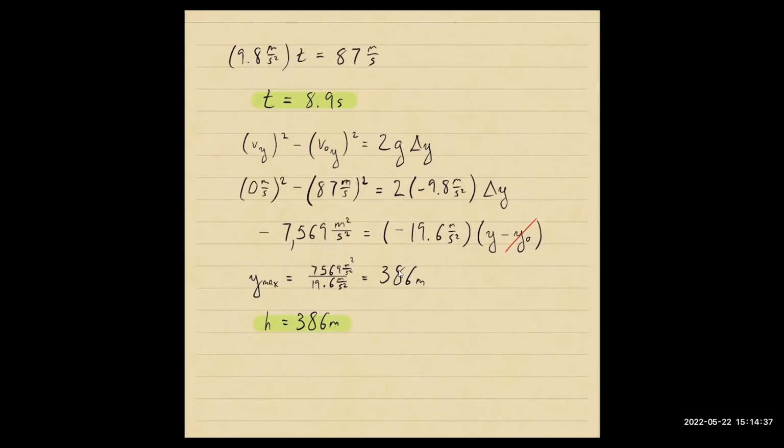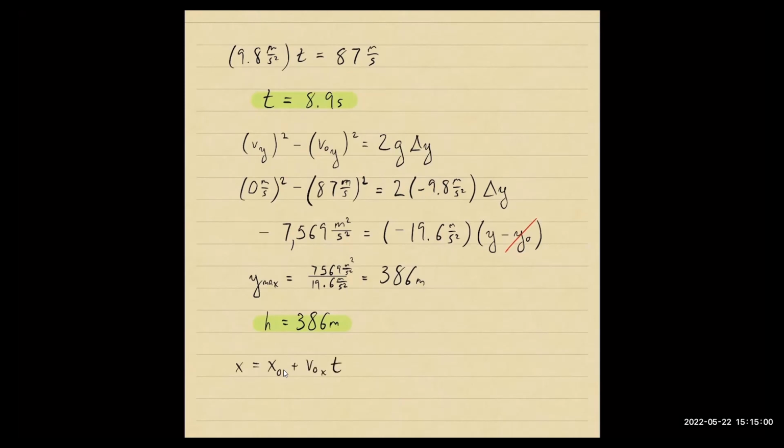So in order to find the total distance that the ball was thrown, we're going to make use of this equation from our x component equations that says that our final position in the x direction is equal to our initial position in the x direction plus the initial velocity in the x direction times time.